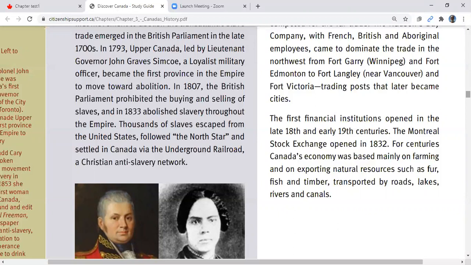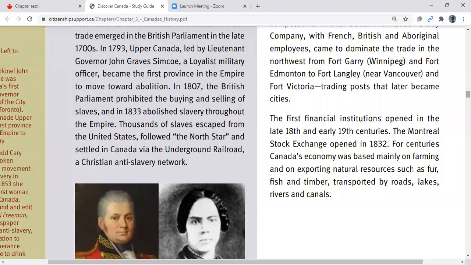Okay. The first financial institution opening in the late 1830s and early 1930s countries, the Montreal Stock Exchange, exchange. Yeah, good. Exchange, good.